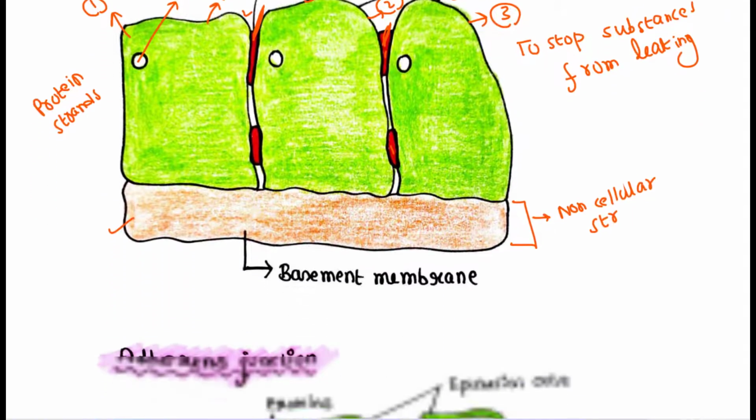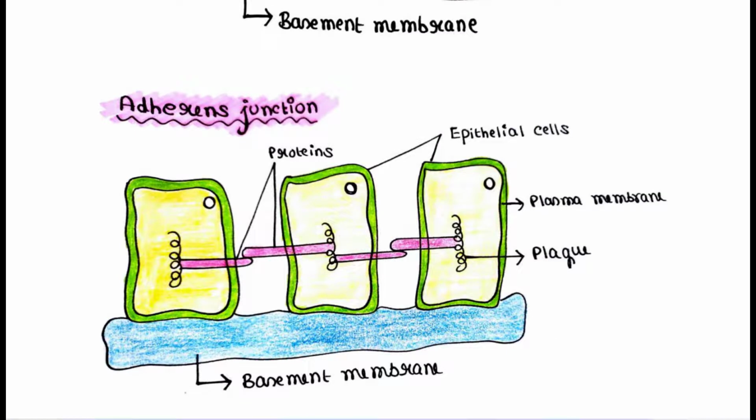Next is adherens junction. Here also we can see this is cell 1, this is cell 2 and this is cell 3. Again the example is epithelial cells because the cells are situated above the basement membrane. Here you can see the plasma membrane and the nucleus, just like the previous cell.